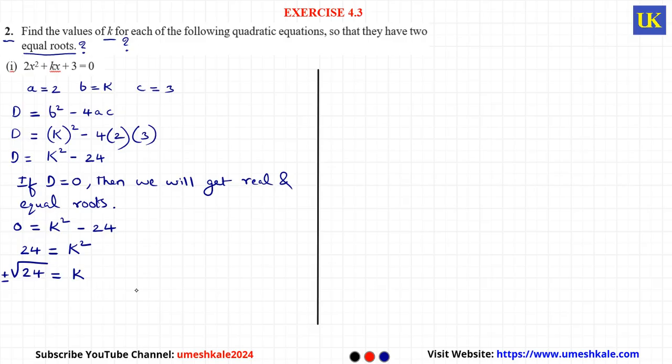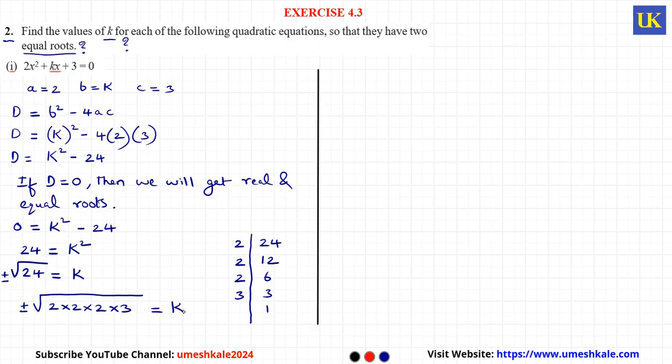So now we have to find the factors of 24, to see whether we can solve this further. 2 ones are 2, 2 twos are 4, 2 sixes are 12, and 2 threes are 6, and 3 ones are 3. So these are the factors. So here, plus or minus, instead of 24, we will write these factors, is equal to k.